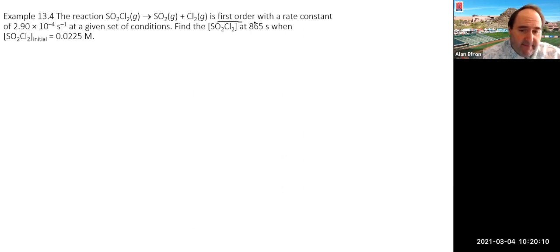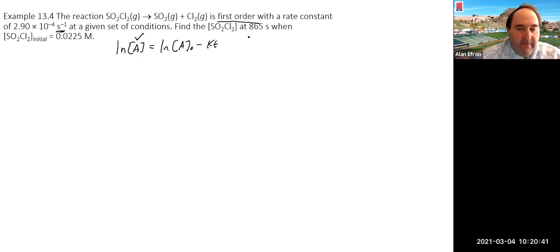We can figure out that it's first order by looking at the units associated with the rate constant, and that tells us it's first order. So we want to think about our first order rate law. In this case, we're looking for the concentration after a period of time, so we're looking for that.